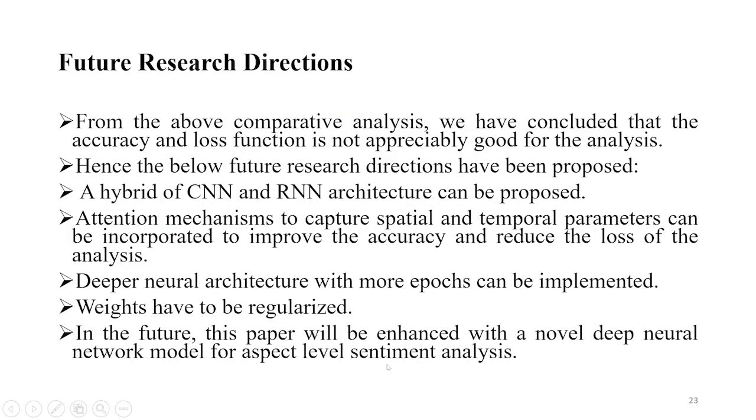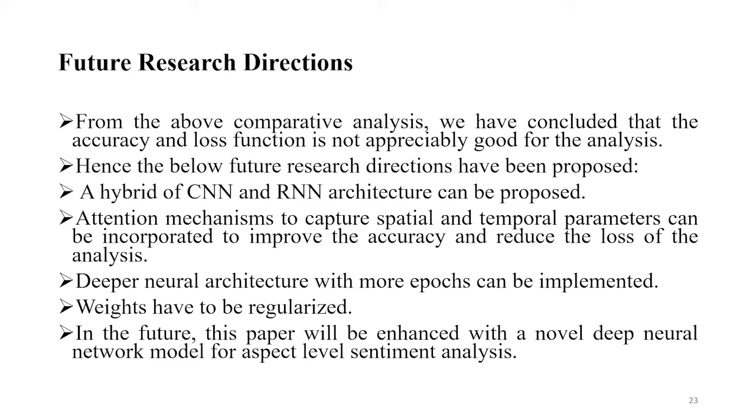A hybrid CNN and RNN architecture can be proposed, as the accuracy and loss function are not appreciably good for analysis. The combination of CNN and RNN can be proposed, and attention mechanisms to capture spatial and temporal parameters can be incorporated to improve the accuracy and reduce the loss of the analysis.